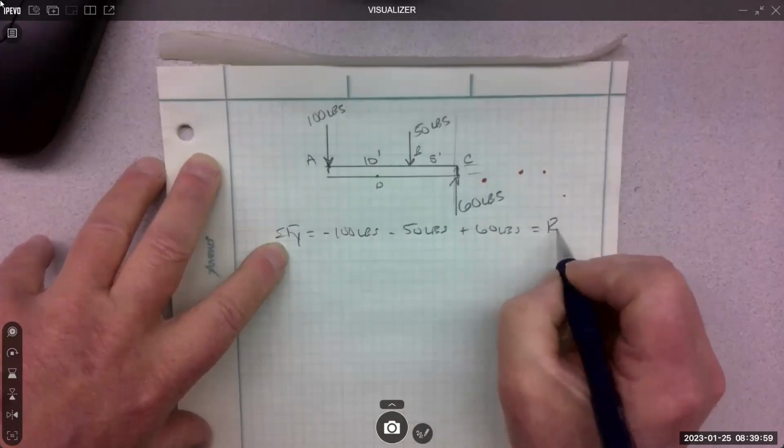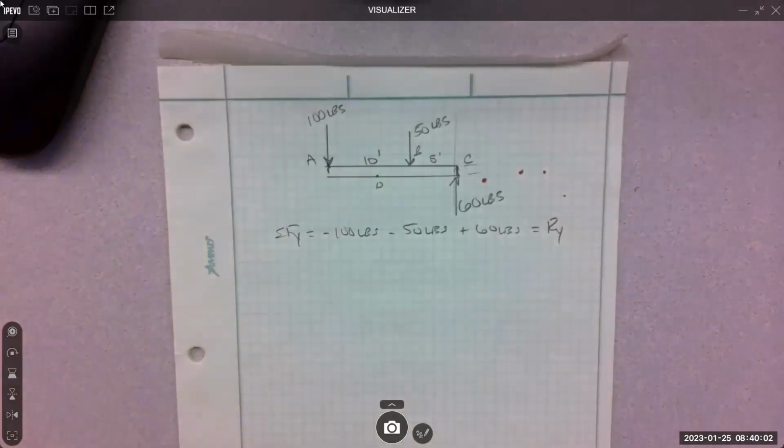And that's going to be our RY. Kind of just like concurrent, same kind of thing. If we had a force at an angle, we'd have to find that Y component and add it into this RY. And then we'd have an X also, but we don't have any X's in this system. We're going to keep it simple.